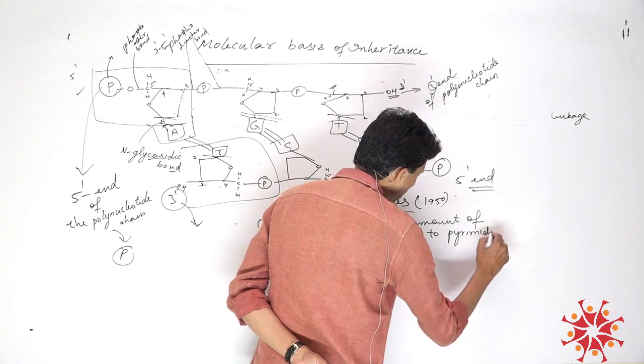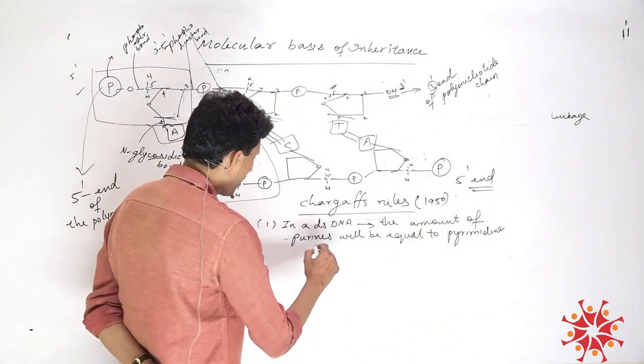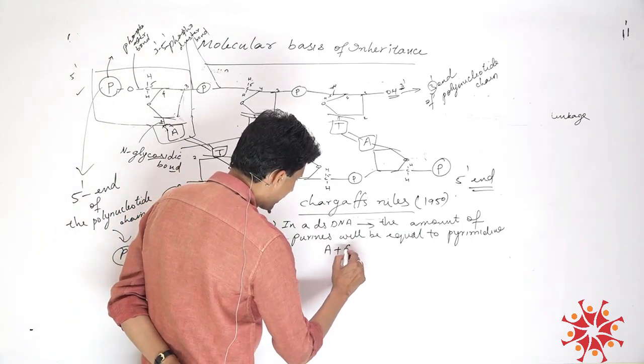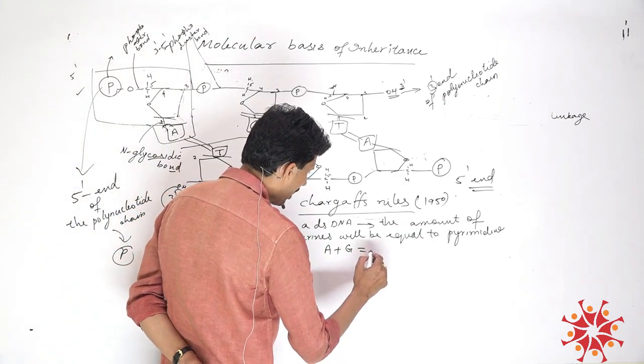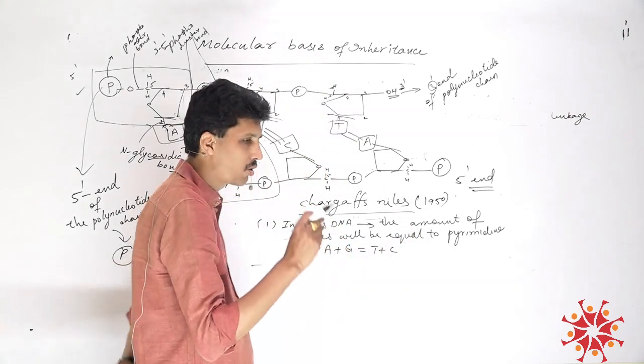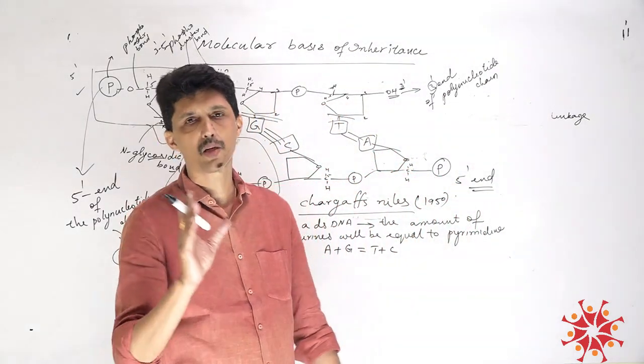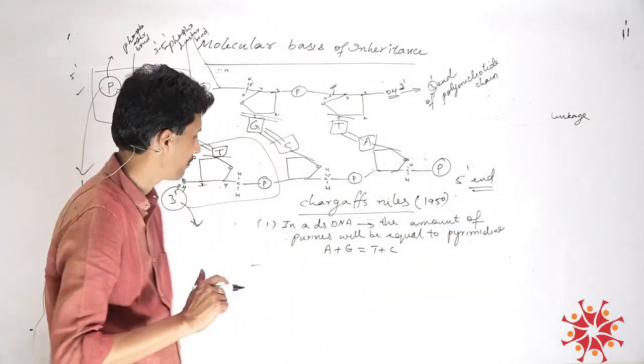That was one observation of Chargaff. The amount of purine, that is adenine plus guanine, will be equal to thymine plus cytosine. So this is one Chargaff rule. The amount of purine will be equal to the amount of pyrimidine.